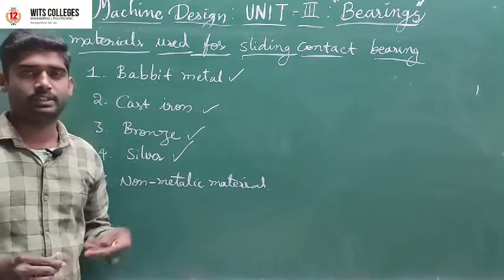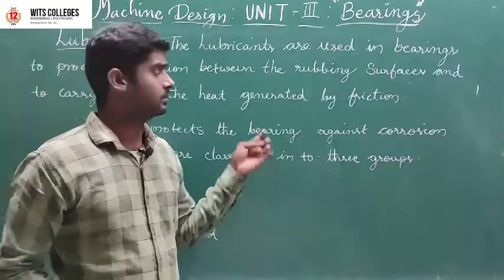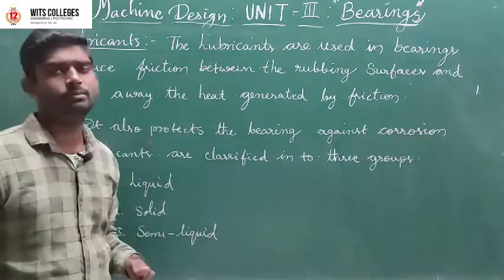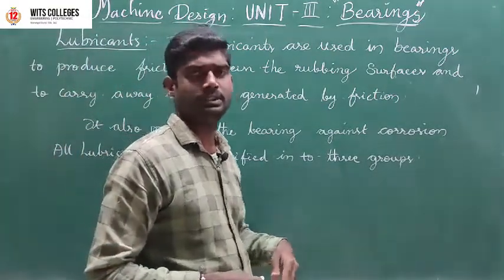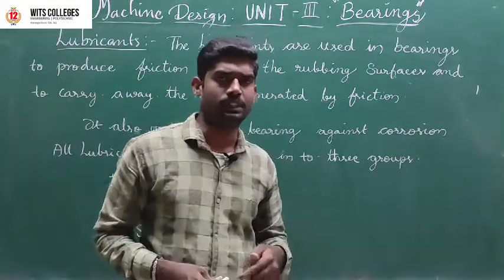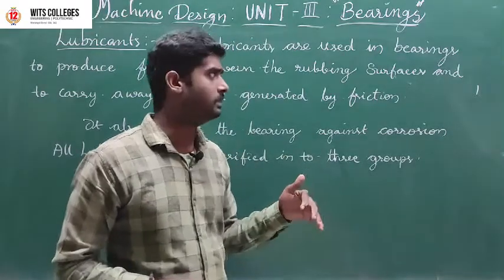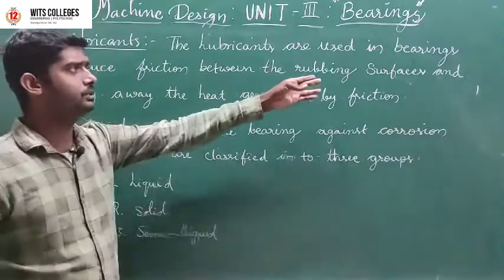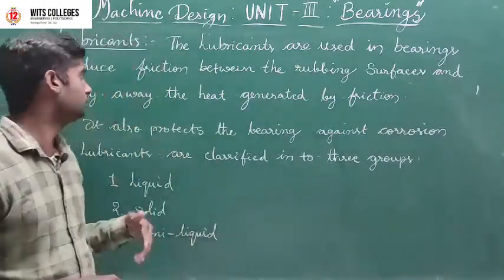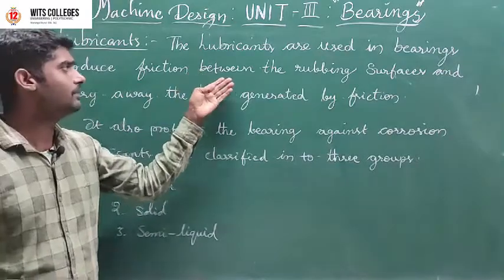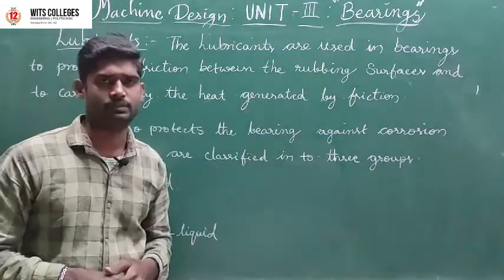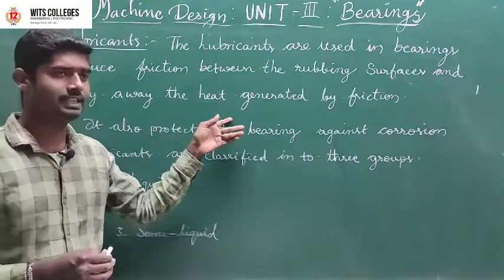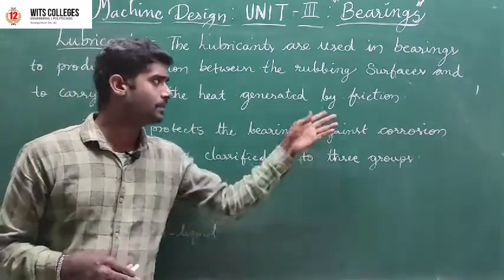Okay. Next we are going to discuss lubricants. The lubricant is most important for any machine or any component. The lubricants are used in bearings to reduce friction between the rubbing surfaces and to carry away the heat generated by friction.